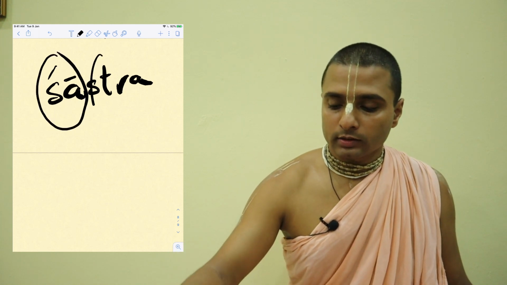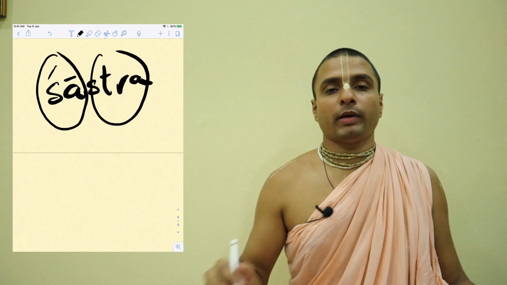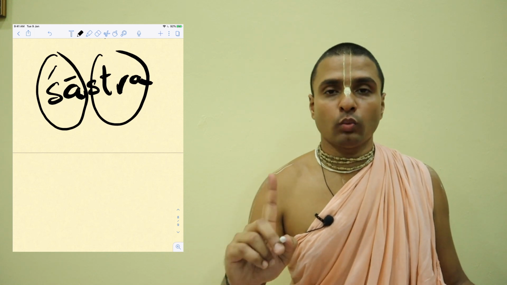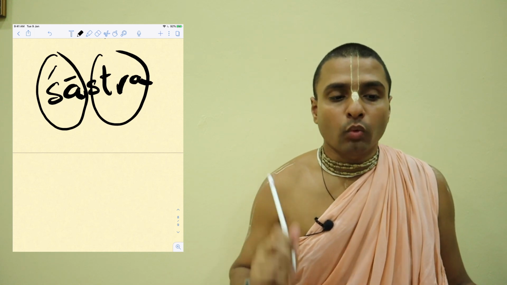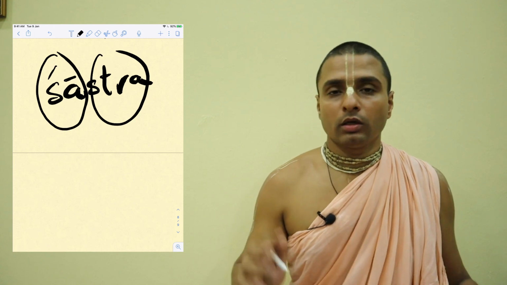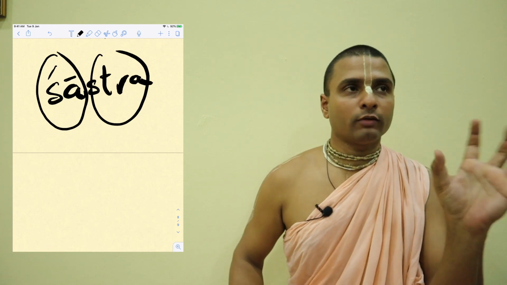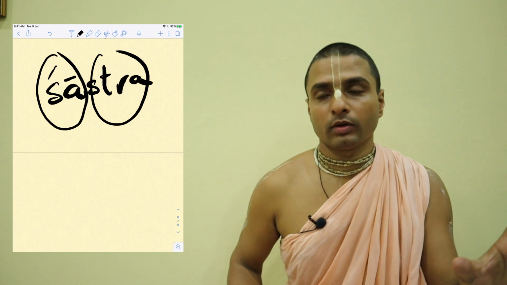Sha and stra. In each of these packets of sounds, there is only one vowel. When the packet of sound has only one vowel, that is a syllable.